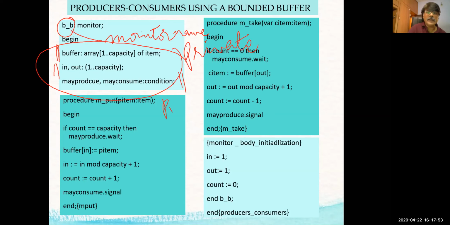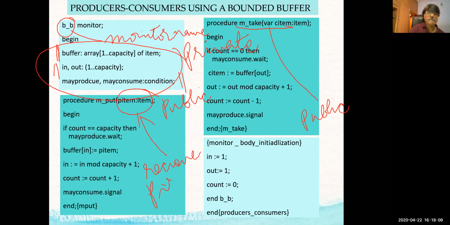Input function is public. And there is a function called mTake. This function also is public. So input function will receive a parameter. Means if any producer wants to put information in the buffer, it will send the information through the function called input.